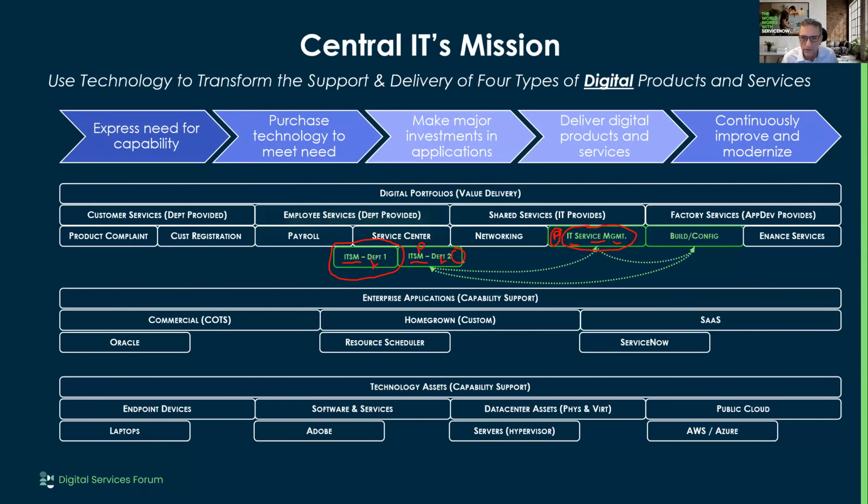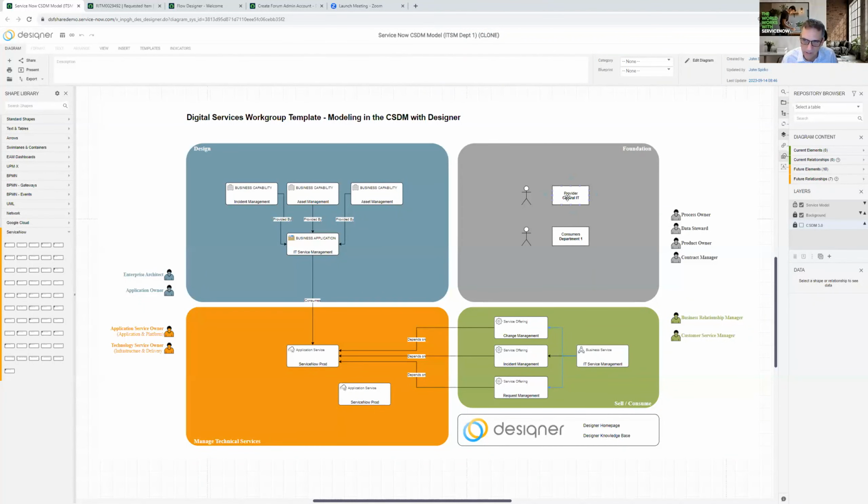So now they're coming in and saying, hey, central IT is providing me ITSM, but I'm consuming it as department 1. So what am I using in IT service management? Well, they offered me IT service management. I'm using change, incident, and request.